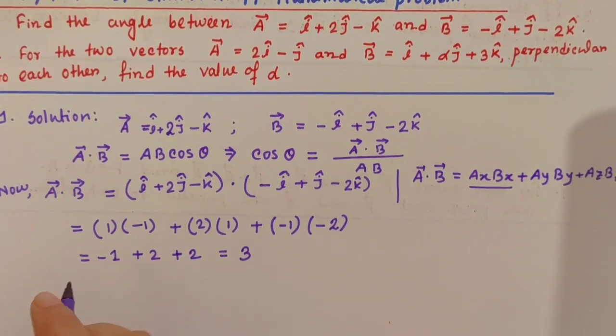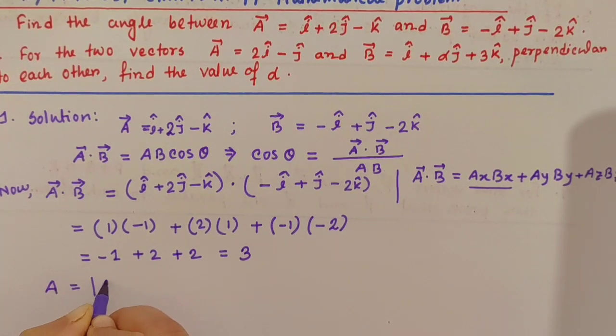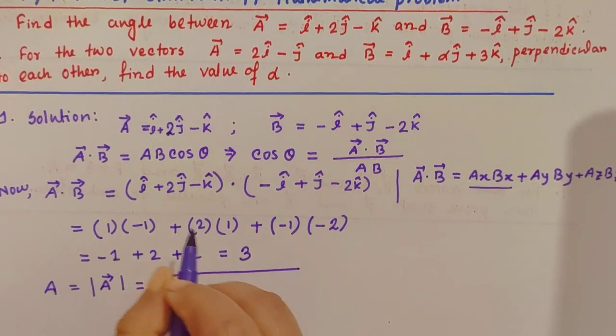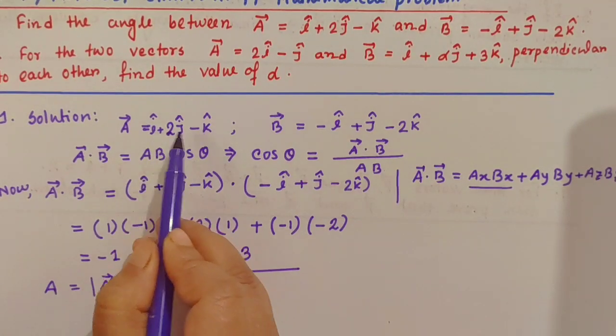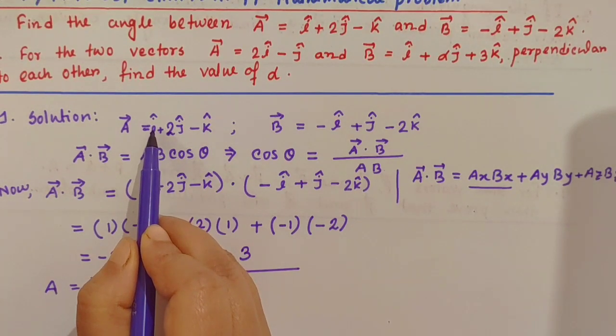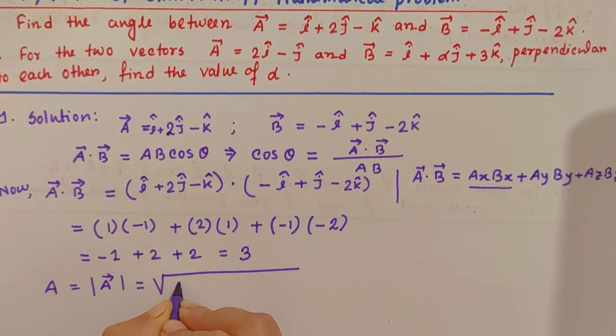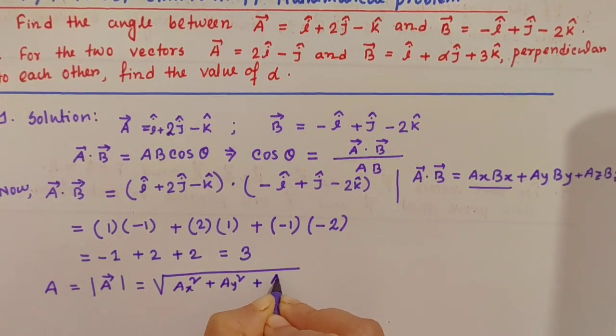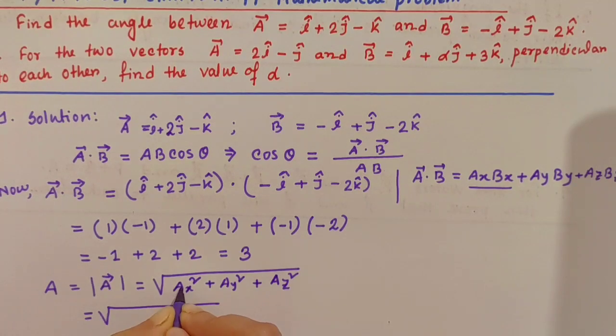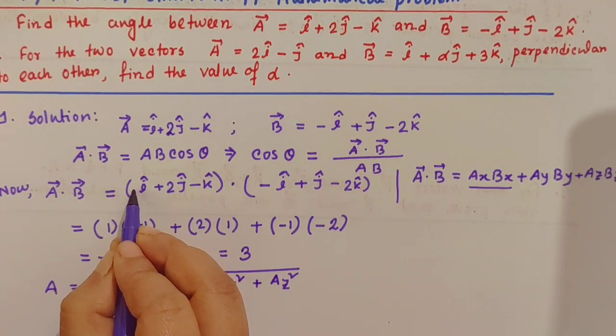Now what is the value of A? A means basically the modulus of vector A. We can find it out by root over the sum of squares of the coefficients of vector A. The formula is Ax square plus Ay square plus Az square. Again, what is Ax? The coefficient of i, which is 1.